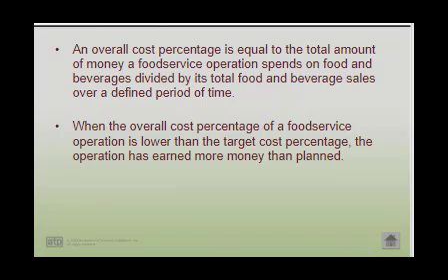A target cost percentage is the percentage of total food and beverage sales that a food service operation plans to spend. Food service workers and managers regularly compare overall cost percentages with target cost percentages to determine if the food and beverage costs are higher or lower than planned.